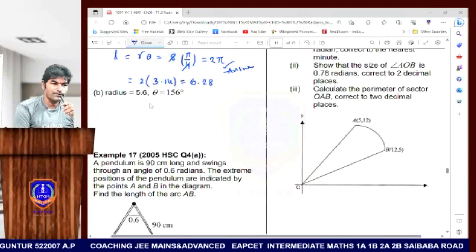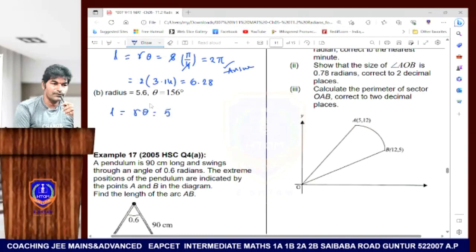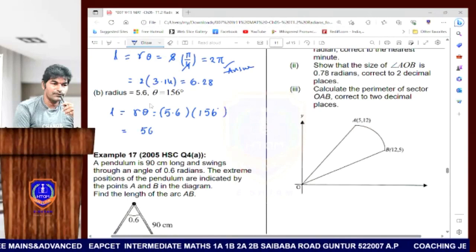Next, radius is 5.6 and theta equal to 156 degrees. Again, L equal to r theta, and radius is 5.6 into theta, which is 156 degrees. You can write 5.6 as 56 by 10.